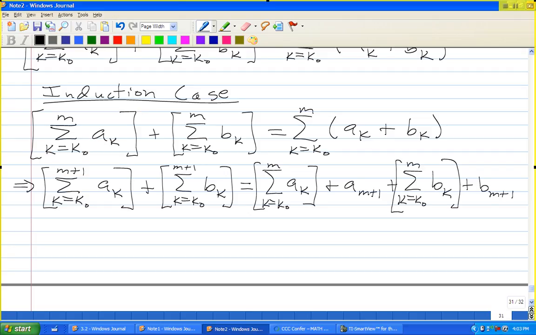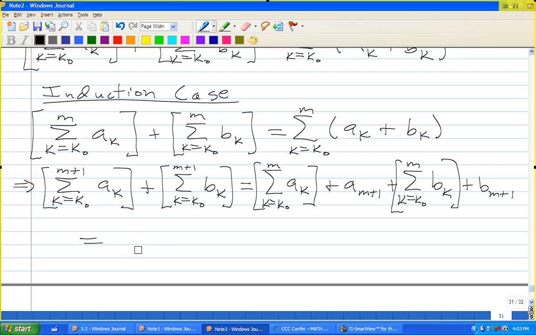So this is equal to, by the commutative property.